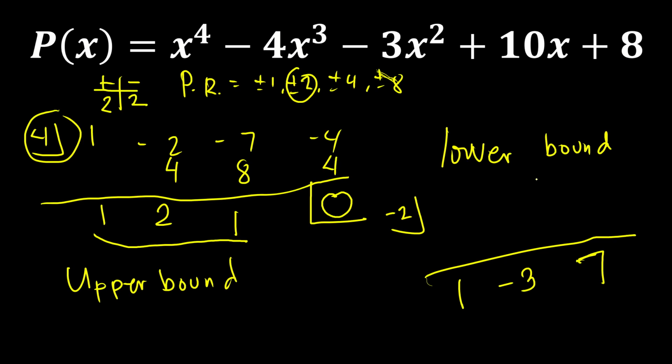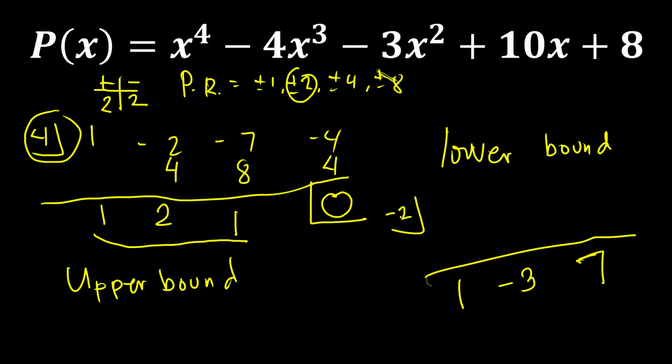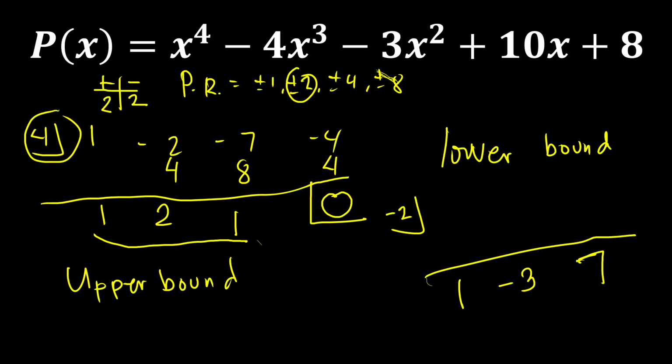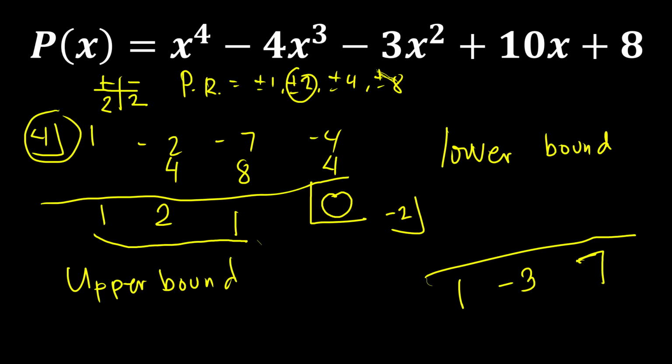So, pag sabing lower bound, wala nang answer na mas bababa pa dun sa pinili nyo. Dito, wala nang answer na mas mababa pa kay negative 2. Okay po? So, yun yung lower bound. Kapag upper bound, mas mataas sa kanya. Lower bound, mas mababa. Pag upper bound, puro positive. Kapag lower bound, alternate. Nakakatulong po yun sa inyo doon sa pagsasolve. Okay po?